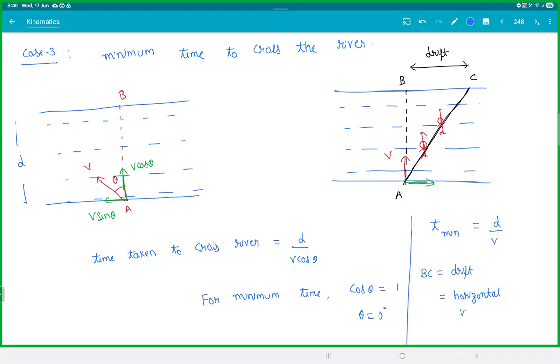Horizontal velocity into time. In this scenario, it is u, the river's velocity, into the time, which is d by v. That's your drift.